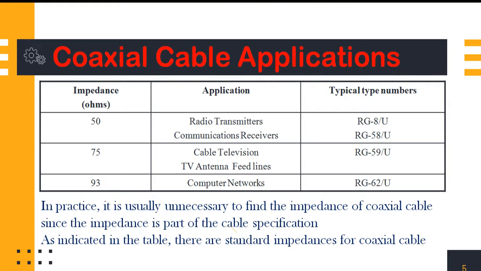Now the 93 ohm impedance is used in computer networks, with typical type number RG62/U. In practice, it is usually unnecessary to find the impedance of the coaxial cable since the impedance is a part of the cable specification. As indicated in the table, there are standard impedances for the coaxial cable.